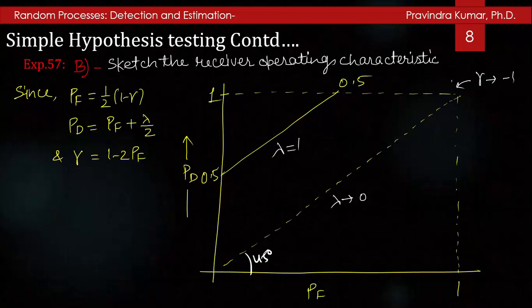Here when gamma tends to -1, the receiver always decides H1, and PF and PD are equal to 1 here, and when gamma tends to 1, the receiver never decides H1, and the values of PF and PD are 0 at this point. And when lambda tends to 2, the probability of detection will be 1 for any value of probability of false alarm.